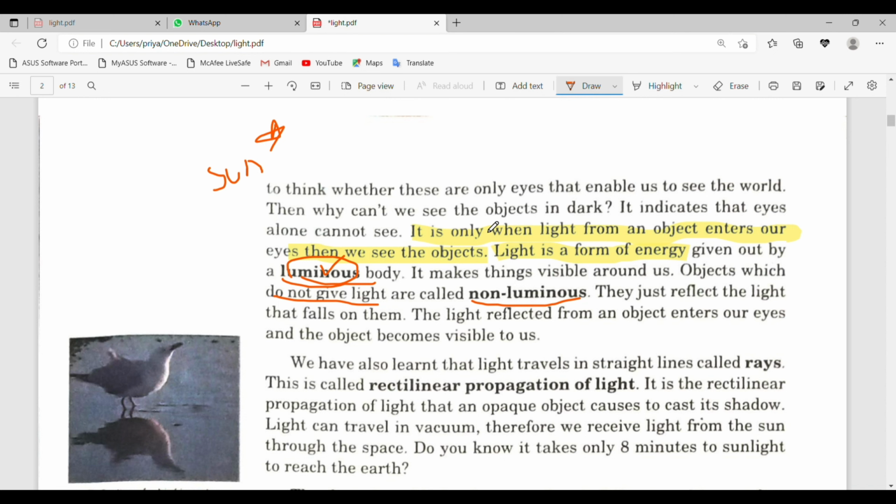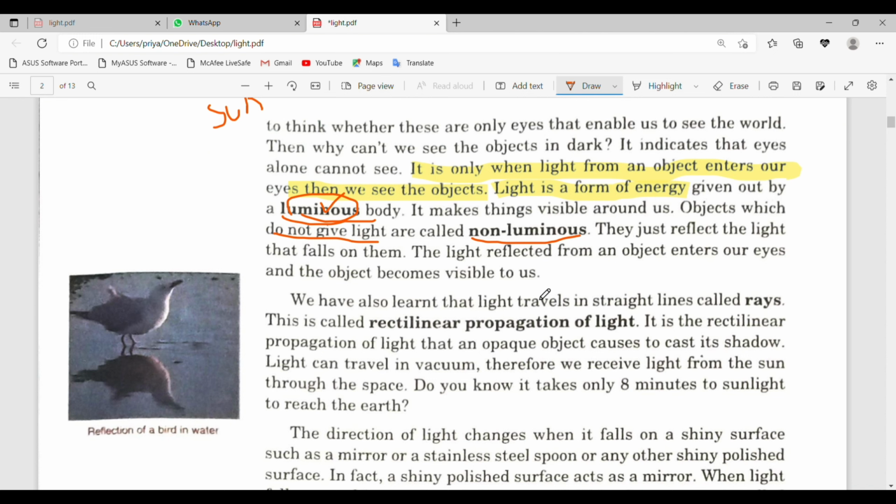Non-luminous means table, chair, pen, which do not emit light at all. Non-luminous objects just reflect the light that falls on them.